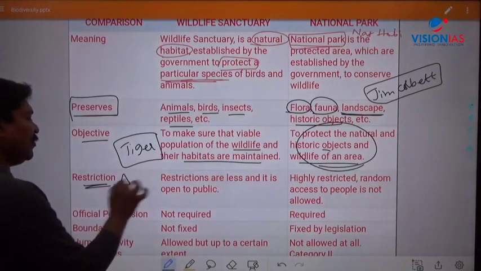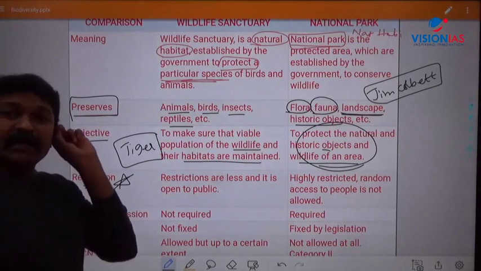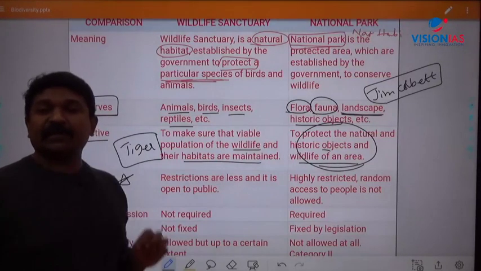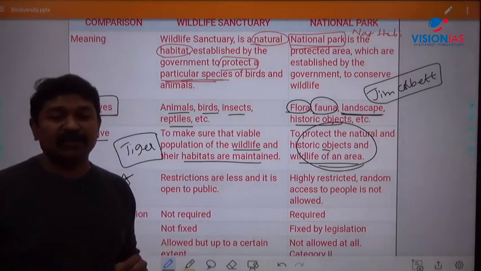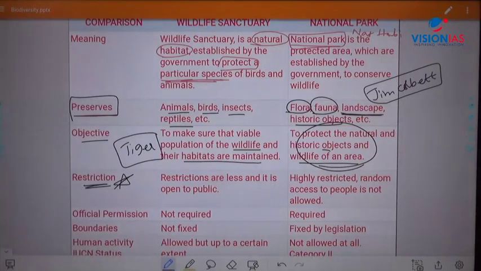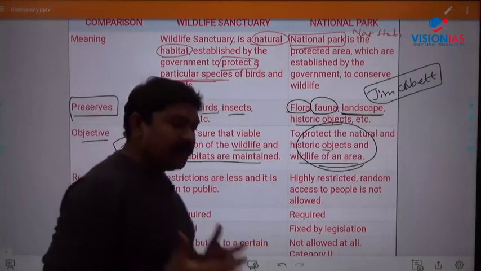Then restriction. This again is a very, very important point. What is the restriction in the wildlife sanctuary and what is the restriction in the national park? You need to take care of this. What is important here is the restriction. Whenever you are talking about the restriction, for whom? The restriction is on people's movement.